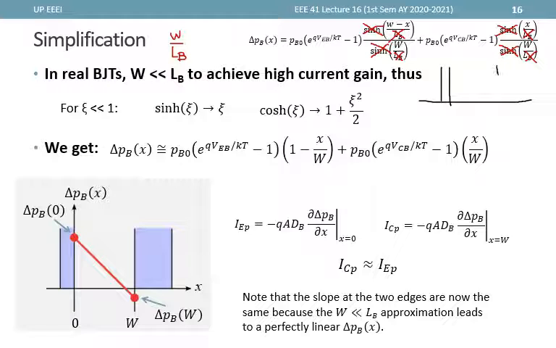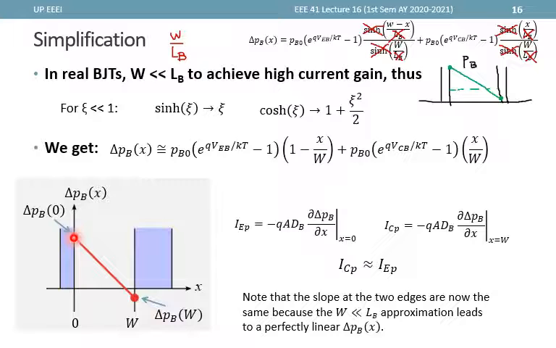In the previous slides, we were drawing the actual PB. So if we know the PB naught and the device is under forward active, then the plot should be approximately like this. So from something high to something near 0, but the excess here is negative, the excess here is positive. So this is PB, this is delta PB.